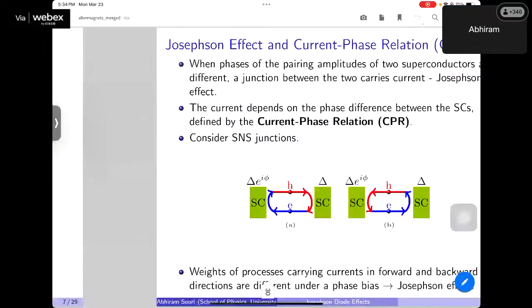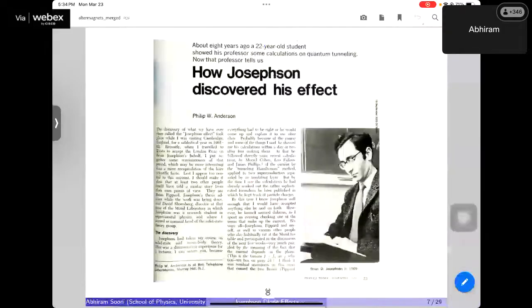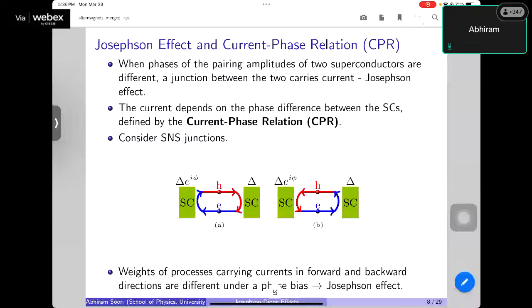So what is the Josephson effect? Let's say you take two superconductors and make a junction. You put a thin insulator in between two superconductors. Then you apply a phase bias, that is, apply a difference in the phase of the superconductors. See, these Cooper pairs in the superconductor are quantum particles. The wave function of a quantum particle doesn't have only a magnitude, but also a phase.